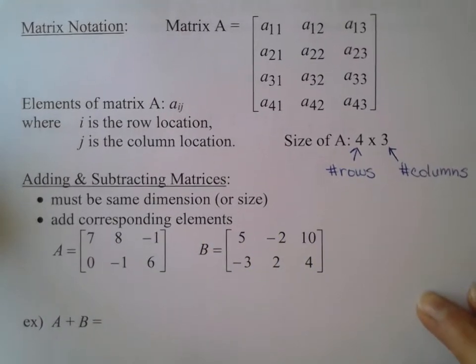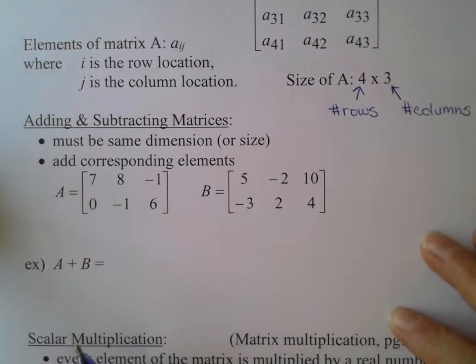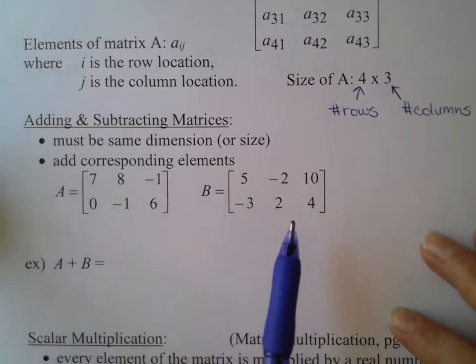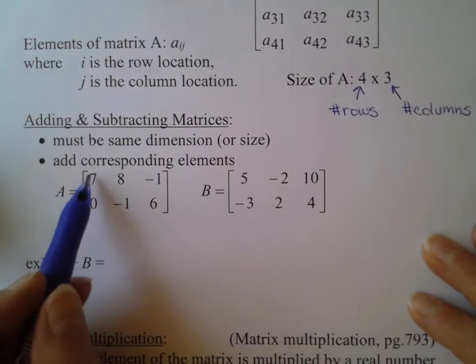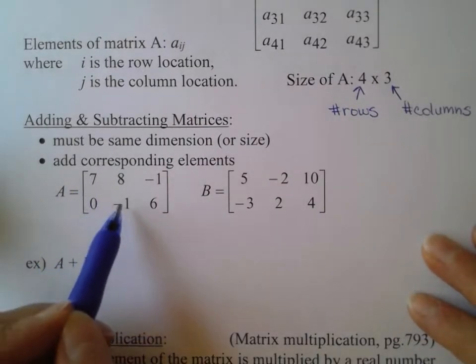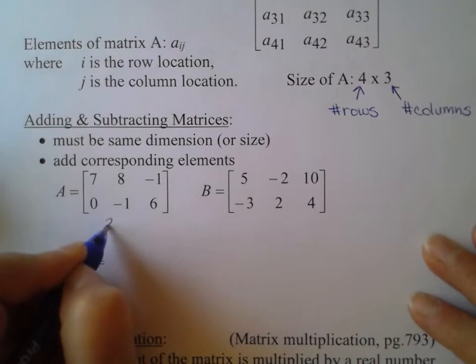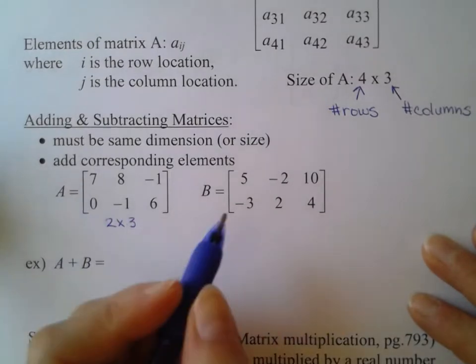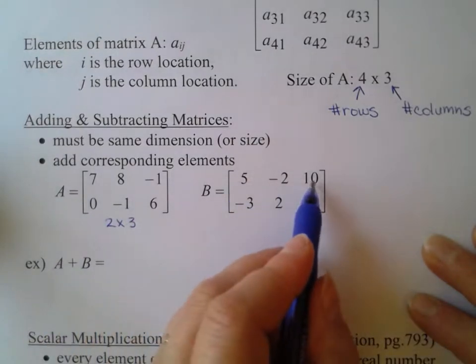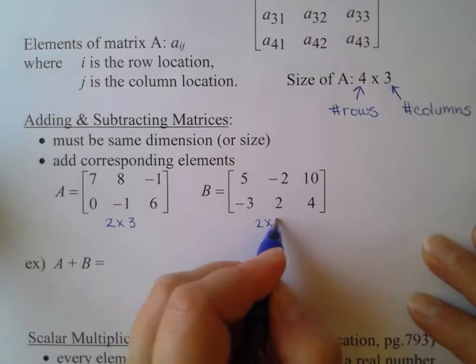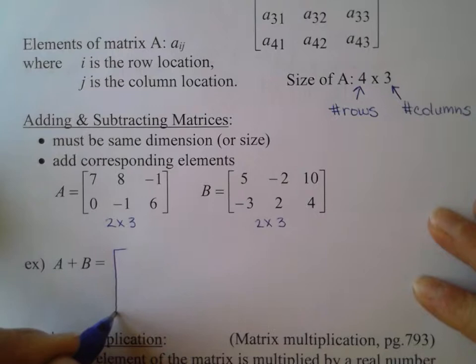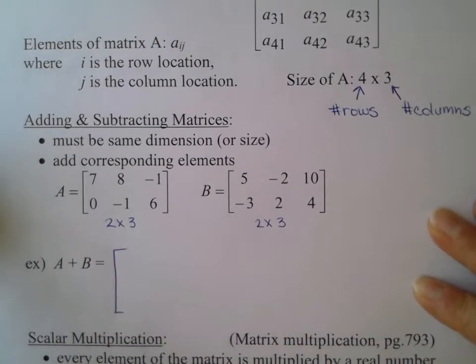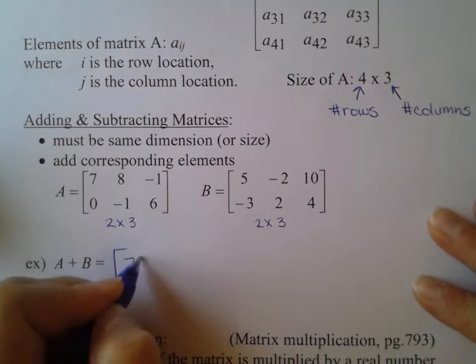So for example, for this one, I have a matrix A and matrix B. If I want to add them together, notice they are the same size, 2 rows, 3 columns. Let's write that down. So they're 2 by 3. Same thing here, 2 rows, 3 columns. I can add them. I know you could do this directly, but I'm going to do it in 2 steps just to be super obvious.